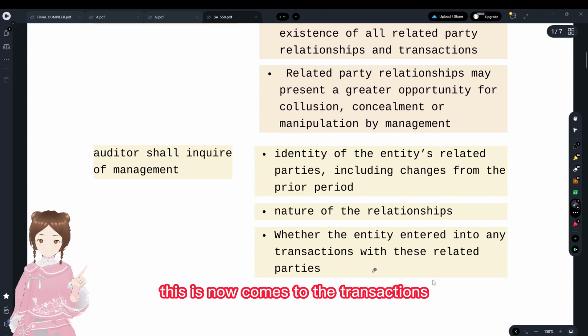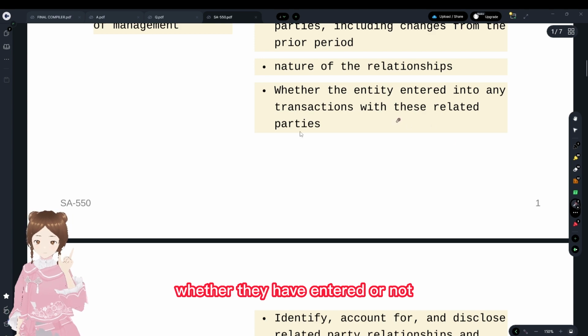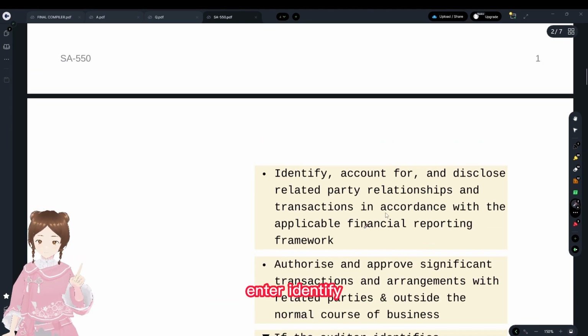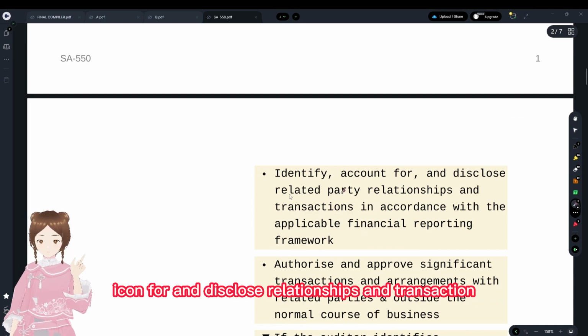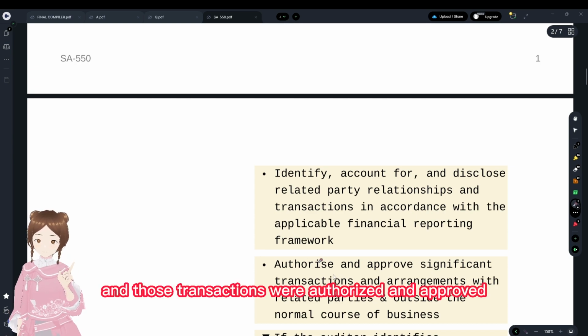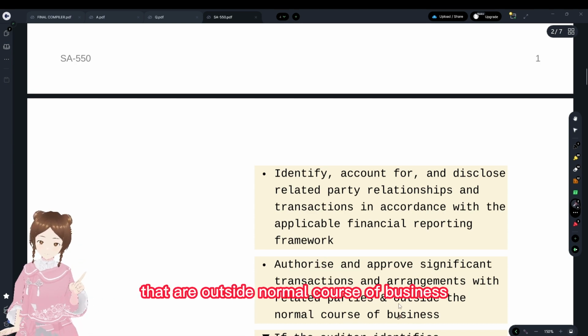This now comes to the transactions, whether they have entered or not. If entered, whether they identify, account for, and disclose relationships and transactions in accordance with the AFRF, and whether those transactions were authorized and approved, and significant transactions that are outside the normal course of business.